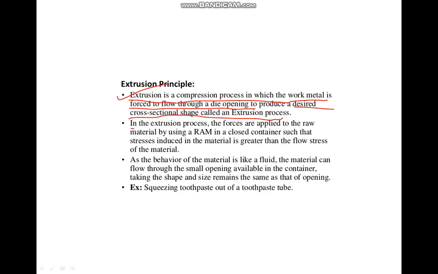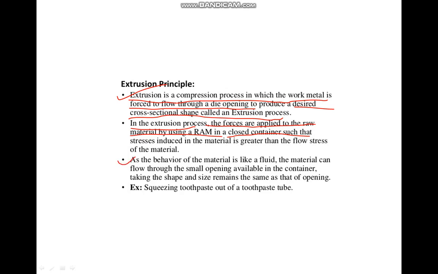In this process, what will happen? The forces are applied to the raw material by a ram. Hydraulic pressure is applied on the ram, and this ram is pushing the material through the die opening in a closed container.